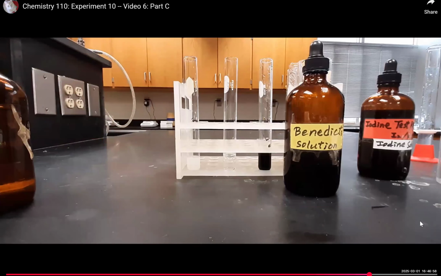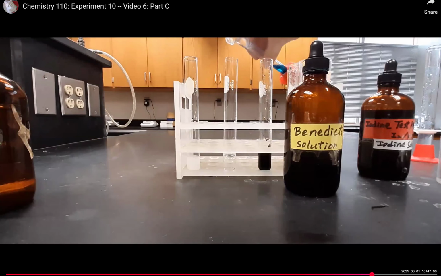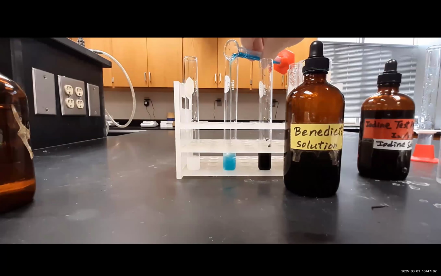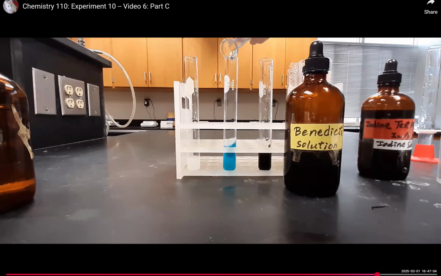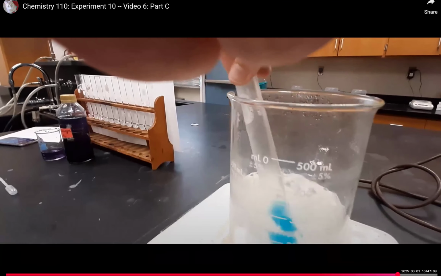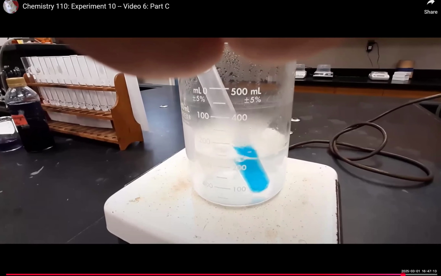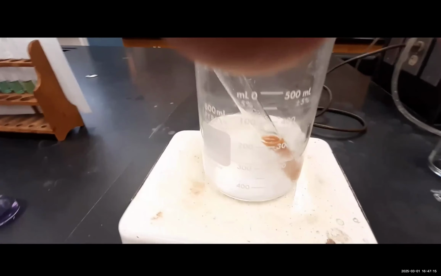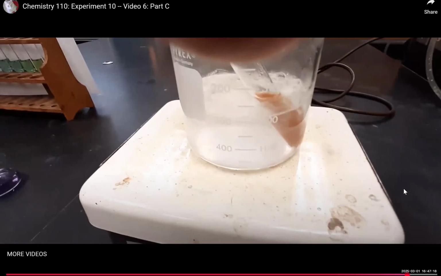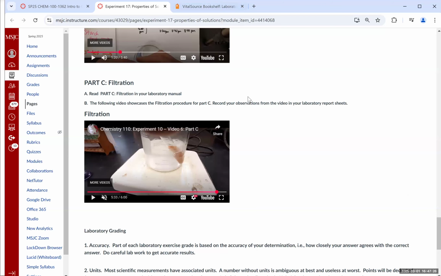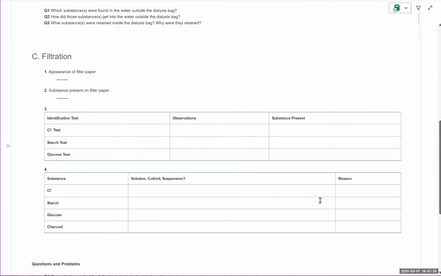Finally, we'll be testing the solution for glucose using Benedict's solution. And after walking it over for heating, and allowing some time to pass, we see the characteristic orange-brown color indicative of a positive test result for glucose. Let's tabulate our observations now.